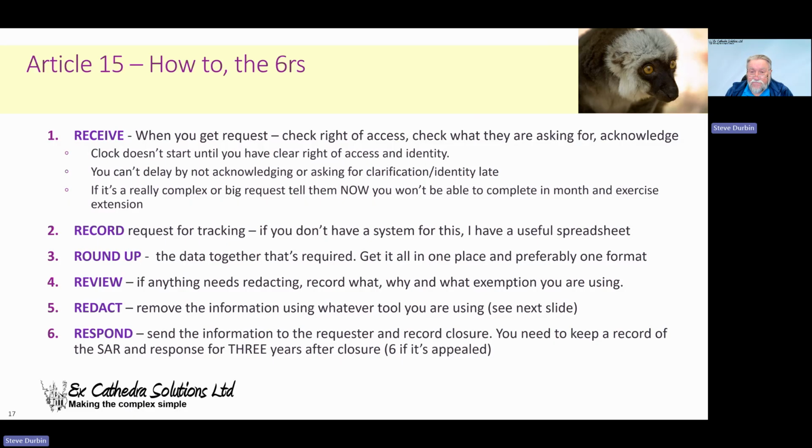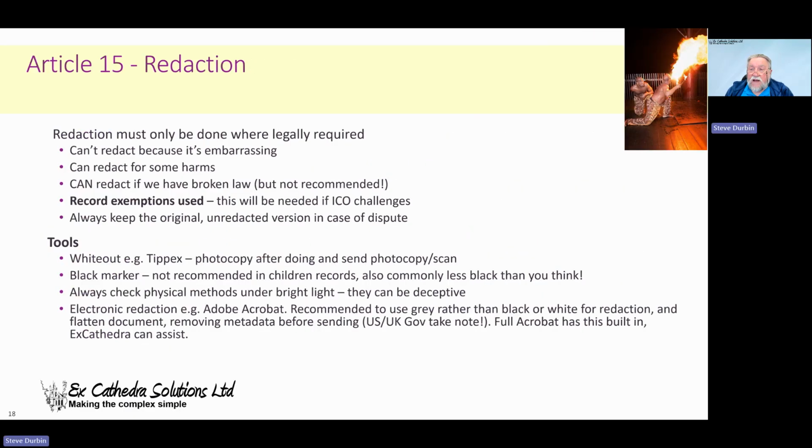It's quite important. Okay, so redaction is a thing we have to do, okay, to protect the rights of others, but we can only do it where it's legally required. We can't redact stuff that's just embarrassing or where it's shown we cocked up and stuff like that. We can redact for some harms.